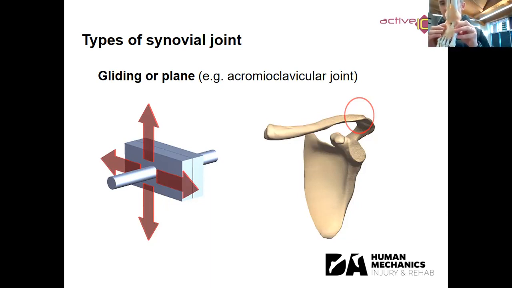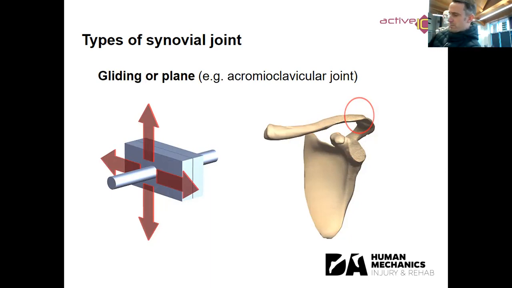tarsals or carpals. So you can see these bones within the foot, these cuboid shaped bones. Again, they're kind of like locked in against each other. But again, the purpose of every synovial joint is to provide some level of movement. So here, we just get this gliding movement where the bones kind of just move across each other, up and down, left and right. Okay?